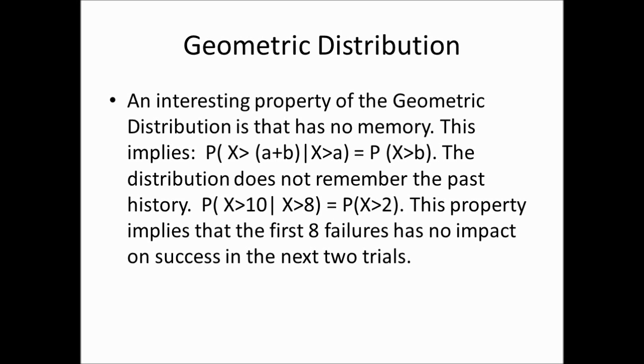So the distribution does not remember the past history. If we take a as 8 and b as 2, then the probability that x is greater than 10, given that x is greater than 8, is the same as the probability that x is greater than 2. This implies that your first 8 failures will have no impact on success on the next 2 trials. So it has no memory of the previous history. That's the memoryless property of geometric distribution.